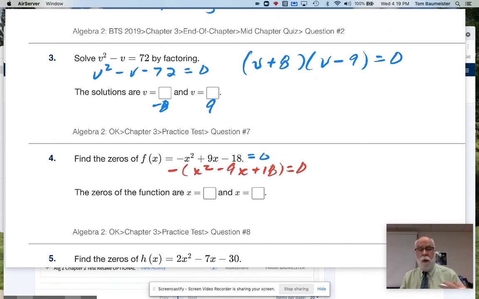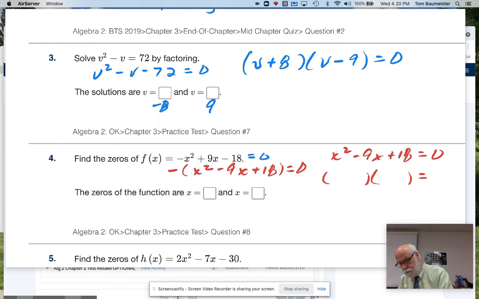It's just going to go away. 0 divided by negative 1 is 0. So we can just go ahead and say that x squared minus 9x plus 18 is equal to 0.